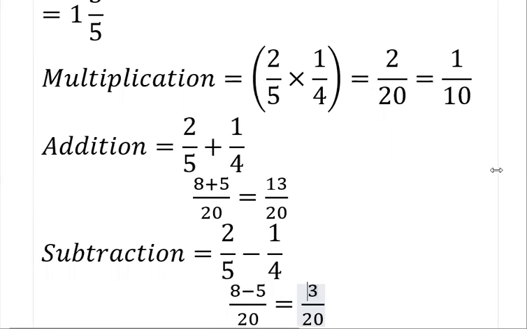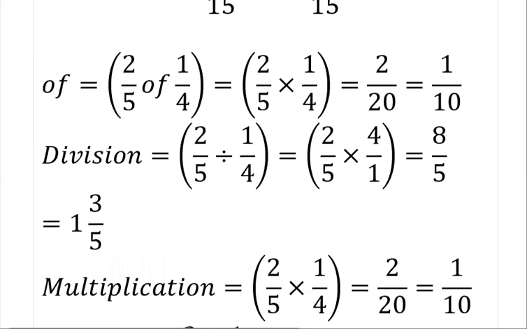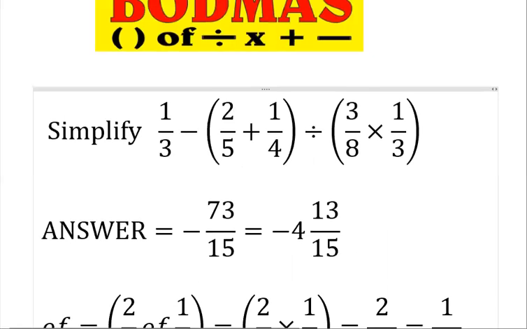It is very key. So let's solve this question that we placed in one of our videos. You can always check it, how to solve fractions with BODMAS. We placed this question there, and at the same time we placed this answer for people to try it out.